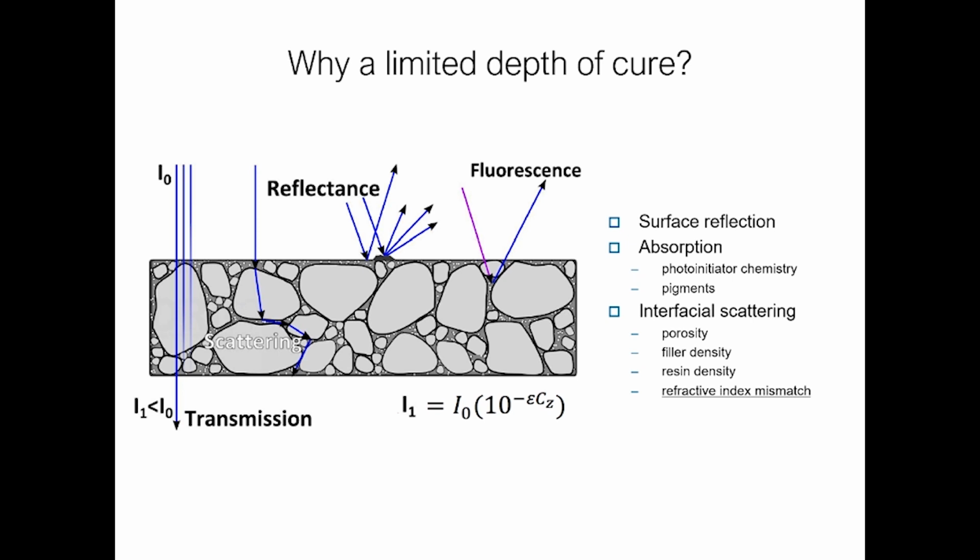So as it reaches an interface, or as it travels from one medium to another, it may well slow down or speed up, and dependent on the properties of the two parts, so in this case the filler and the resin, if there is a big mismatch in density and light travels at different speeds at that interface, then it will scatter more. And again, manufacturers will optimize translucency of the material by adjusting the type of filler and sometimes the type of resin in order to maximize the amount of light that travels through the material.